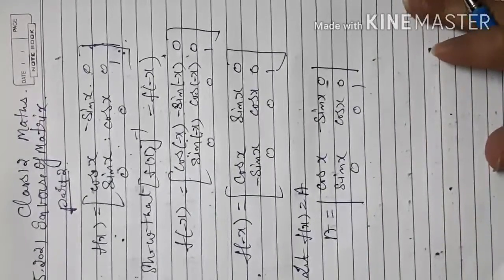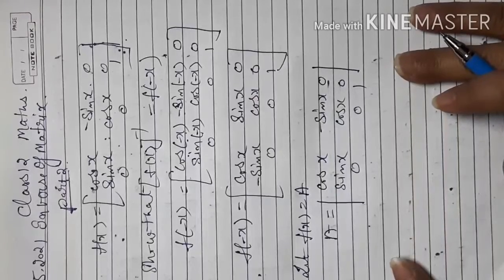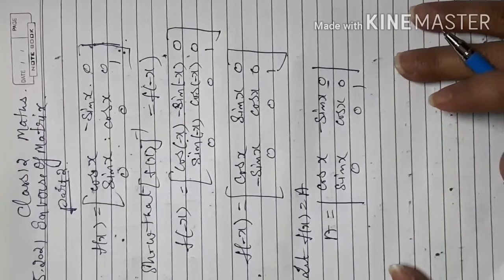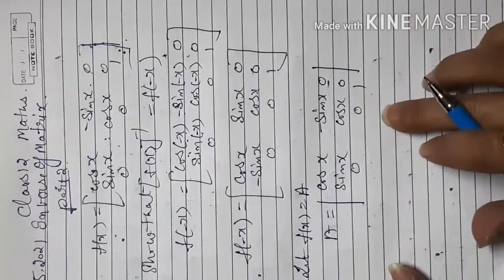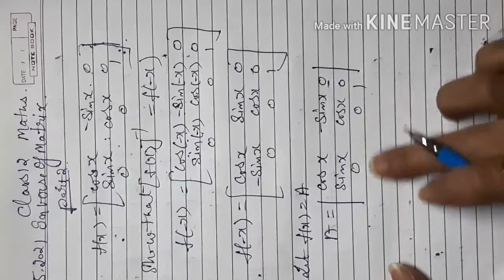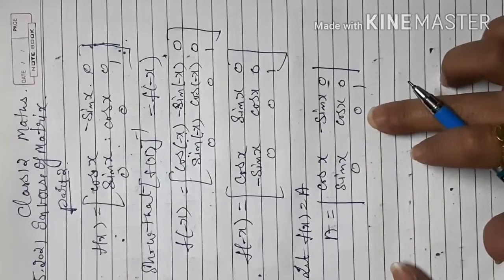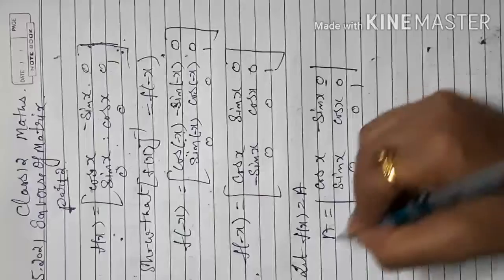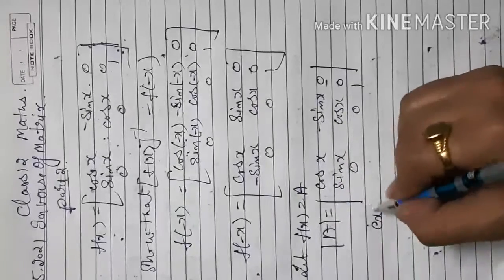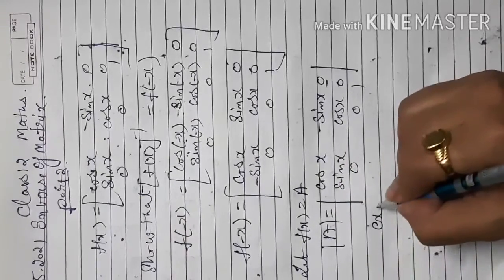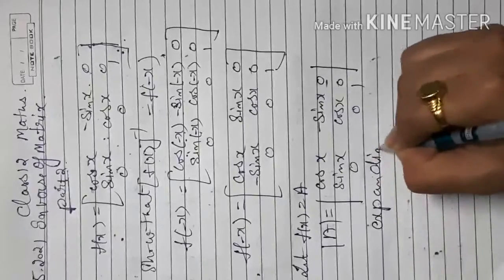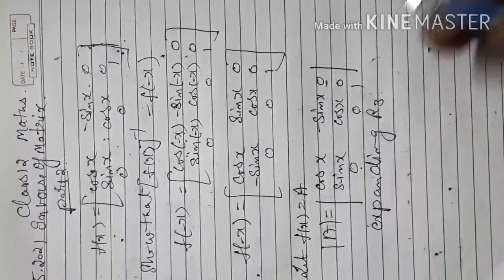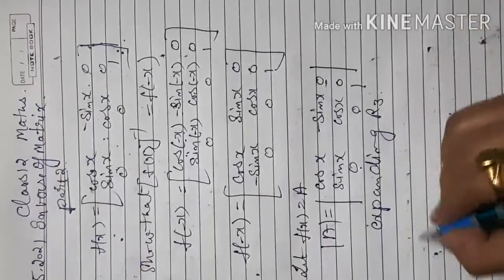When we are going to find the determinant, we check in which row or column the maximum number of zeros is there. We see that in the last row the maximum number of zeros is there, so we expand along row 3 to find the determinant of matrix A. Expanding row 3, the other two entries become 0, and only this position sign is positive.